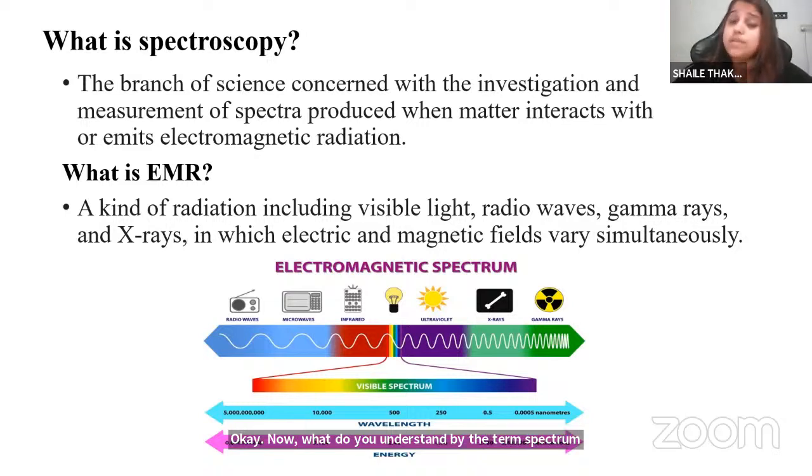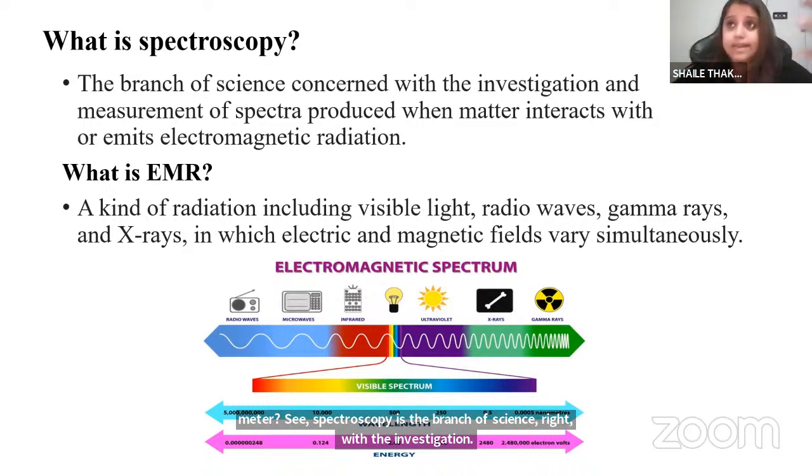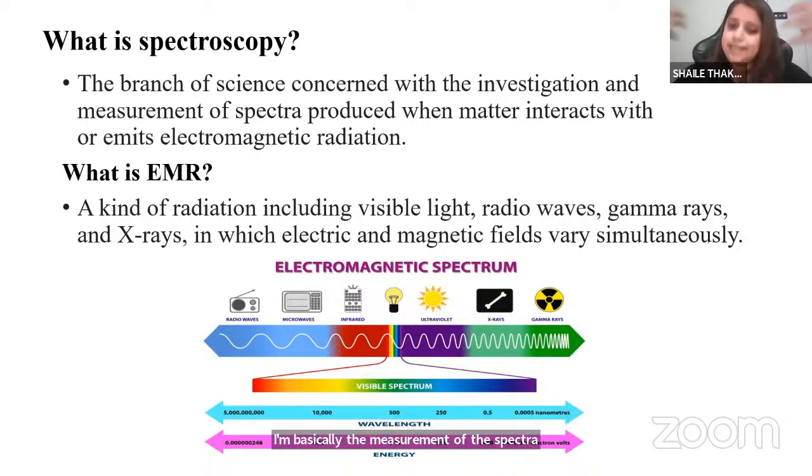Okay. Now, what do you understand by the term spectrometer? See, spectroscopy is the branch of science dealing with the investigation and measurement of spectra whenever they interact with matter. So basically, spectroscopy is the study. We always used to say microscopy is a study. So whenever the term scope is attached, it means study, right?